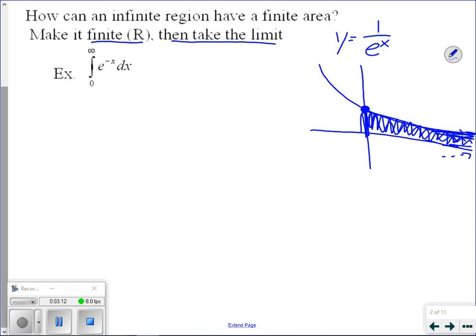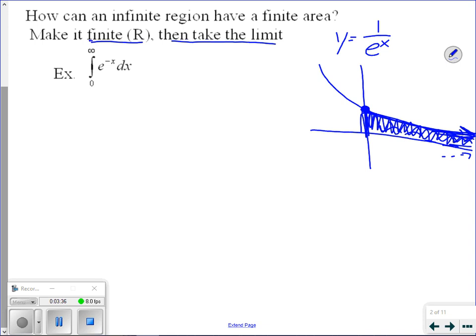Even though we're talking about an infinite space here, it does eventually reach a closed area, if that makes sense. So we can take the area of an infinite amount of space when it converges. When the function converges like this, it's an opportunity for us to take the area underneath the curve.